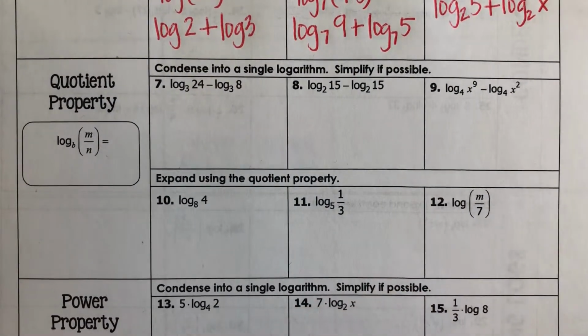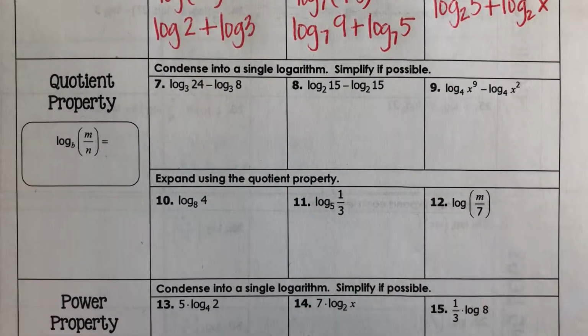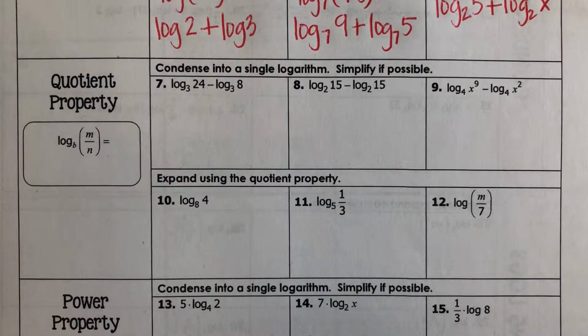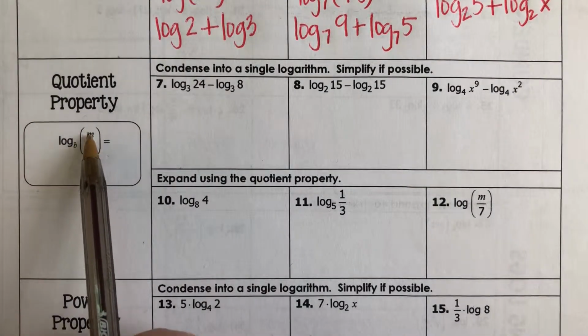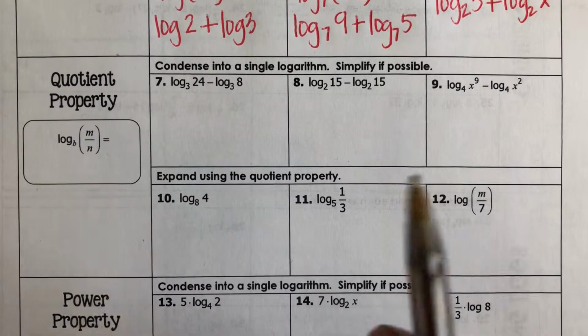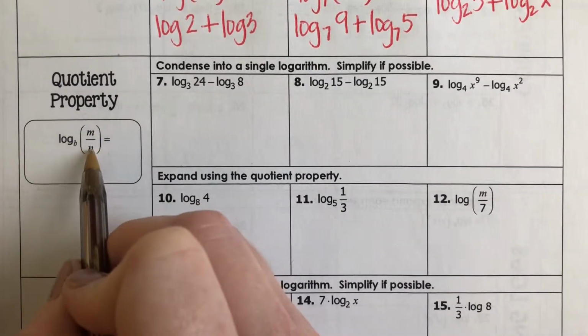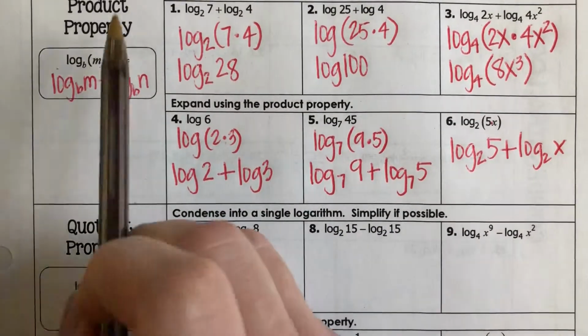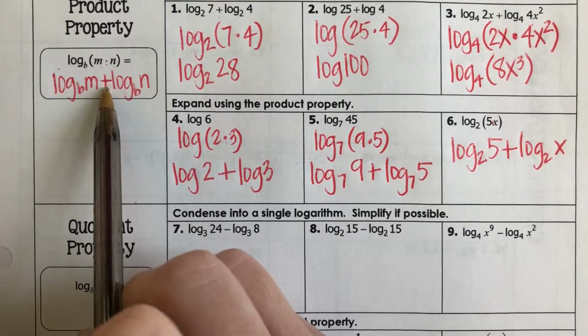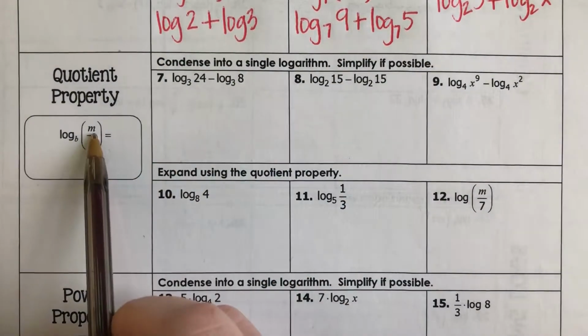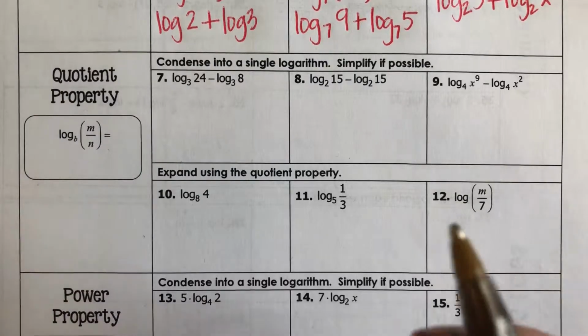The quotient property. The quotient is like the answer to a division problem. So right here, I see that there is some division happening. Just like multiplication is repeated addition, division is repeated subtraction.